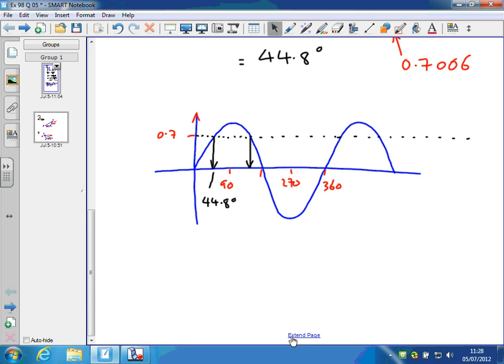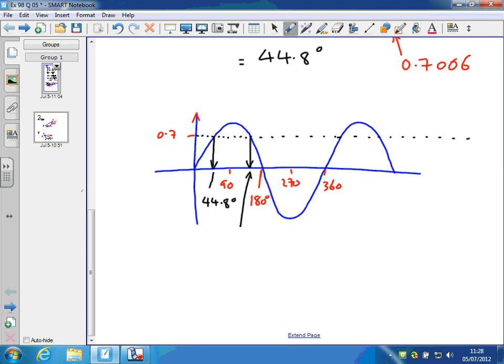What is this angle? Well, luckily for us, there's some symmetry here. That 44 degrees from here to here is the same distance as from here to here. So if this point here is 180 degrees, then if I take 44.8 degrees off 180, I will have this other possible angle here.